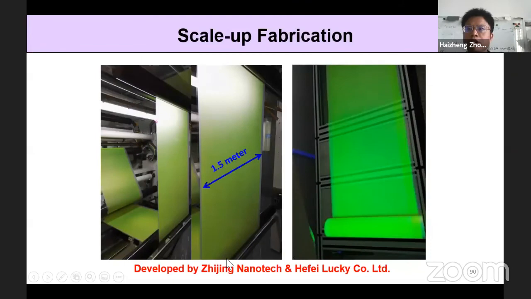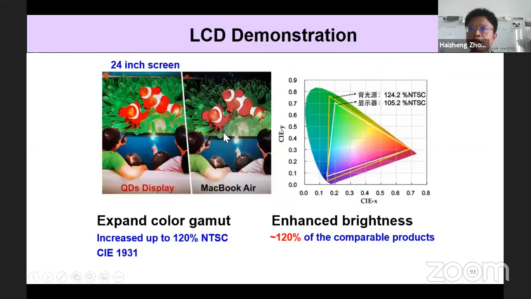And with the development of Zhong Nanotech and Hefei Lucky, they developed scale-up fabrication with a width of 1.5 meters. And here is an LCD backlight for a computer screen. Here is the MacBook, and here is the QD display screen.